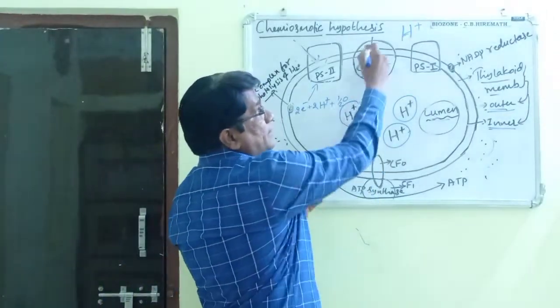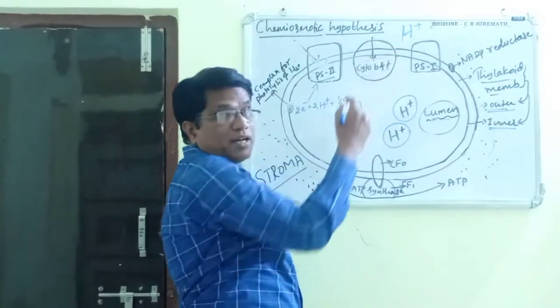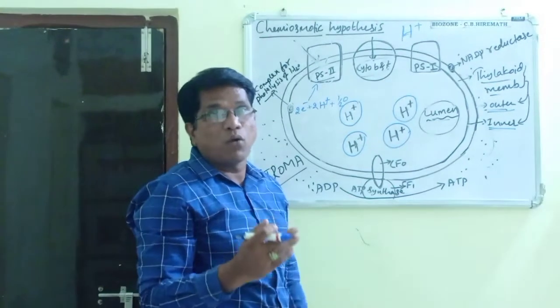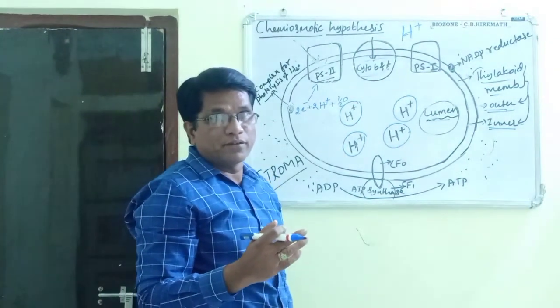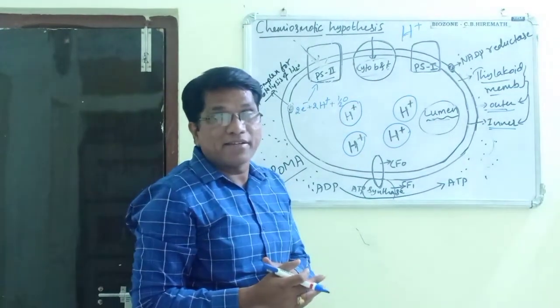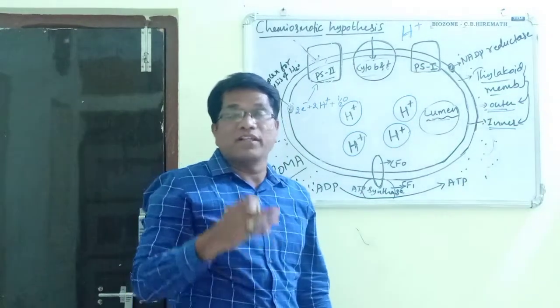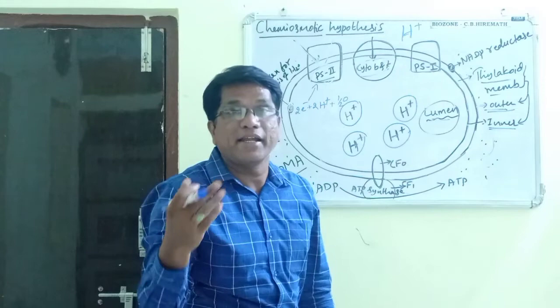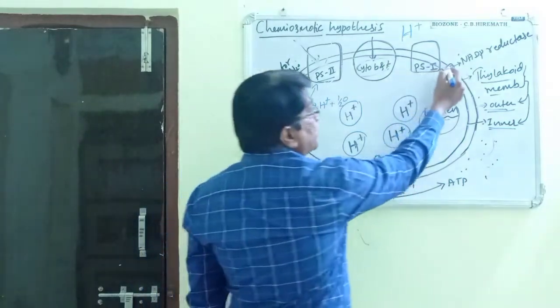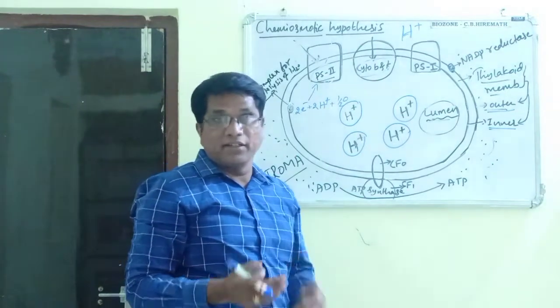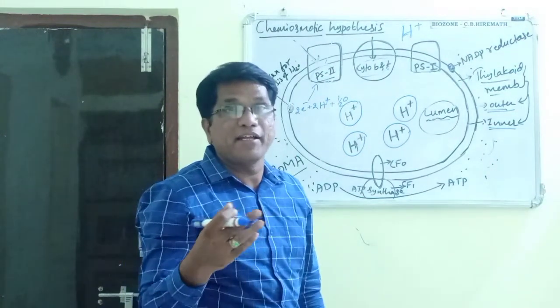Next, the electrons which are released from the photosystem 1 complex are accepted by the electron carriers, and these electrons are utilized for the reduction of NADP to NADPH2. So this is the NADP reductase enzyme complex which catalyzes the reduction of NADP to NADPH2.